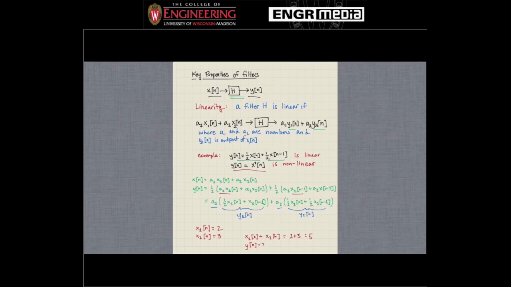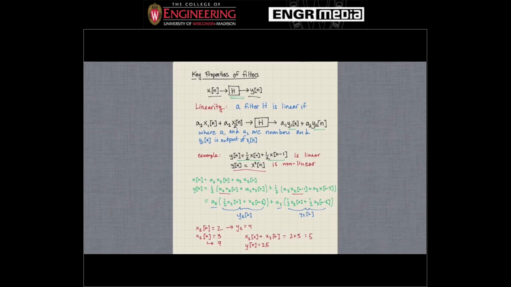Should be 25. But now if I had put these signals in individually, let's say I just put 2 in, what do I get out? Well, I get y1, which is 2 squared, that's just 4. Likewise, when I input x2, I get 3 squared, which is 9.